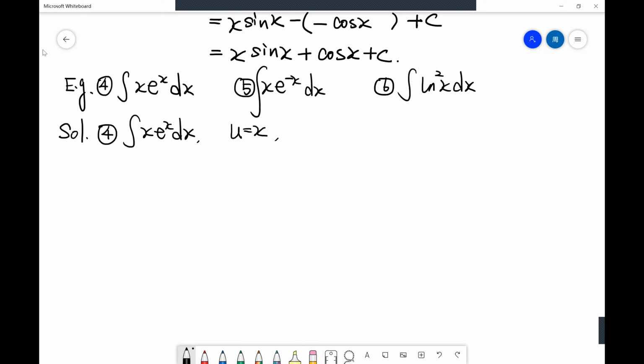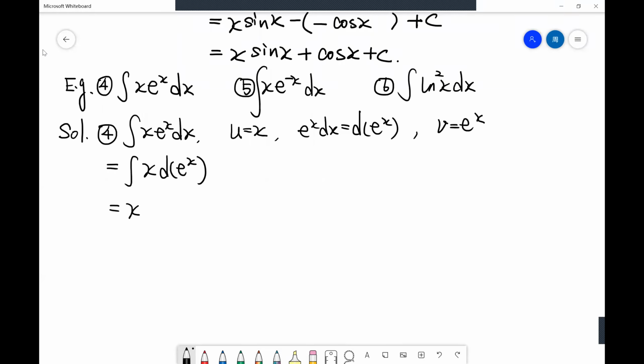And we found e^x dx equals d e^x, so we choose v be e^x. So we can change it to the form x d e^x.